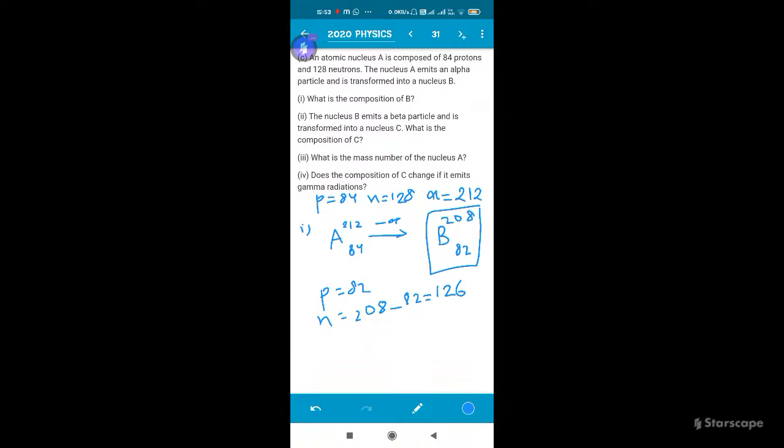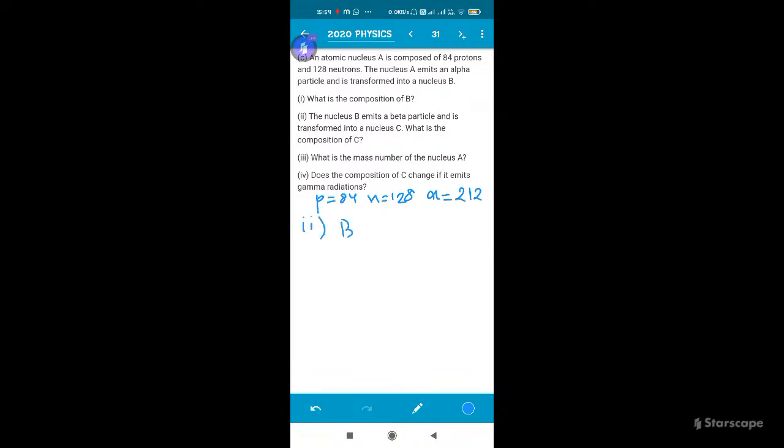Okay. Next question is, the nucleus B now emits a beta particle. Okay, let me erase this. So number 2, B was 208, 82. Now this emits a beta particle. So what will happen? It is becoming C now.